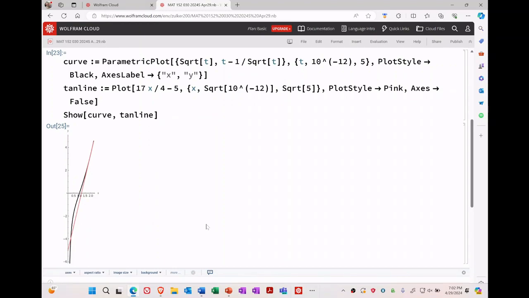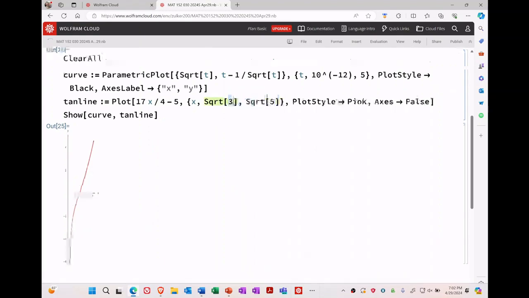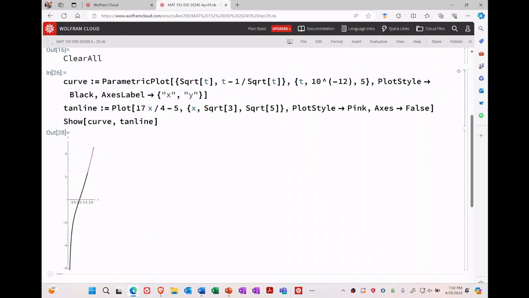I don't know if I can make that look any better, to be honest. I could shrink the tangent line. Say tangent line goes from root 3 to root 5.